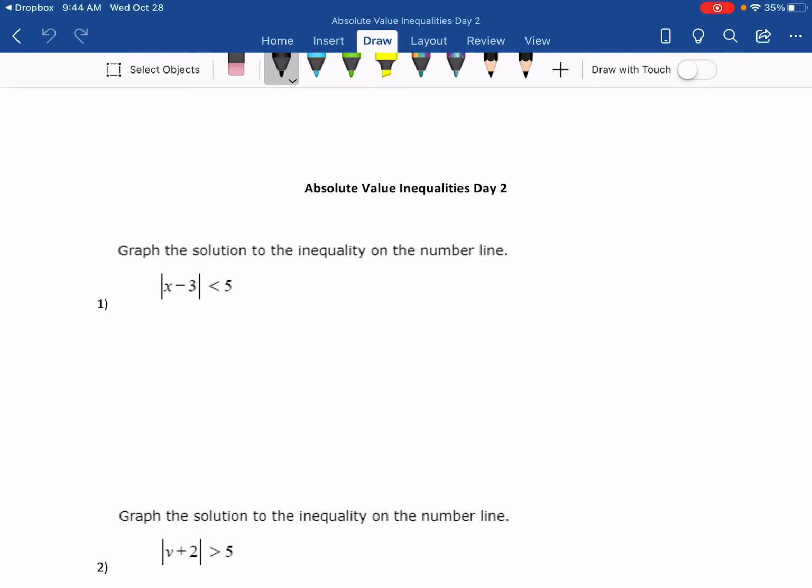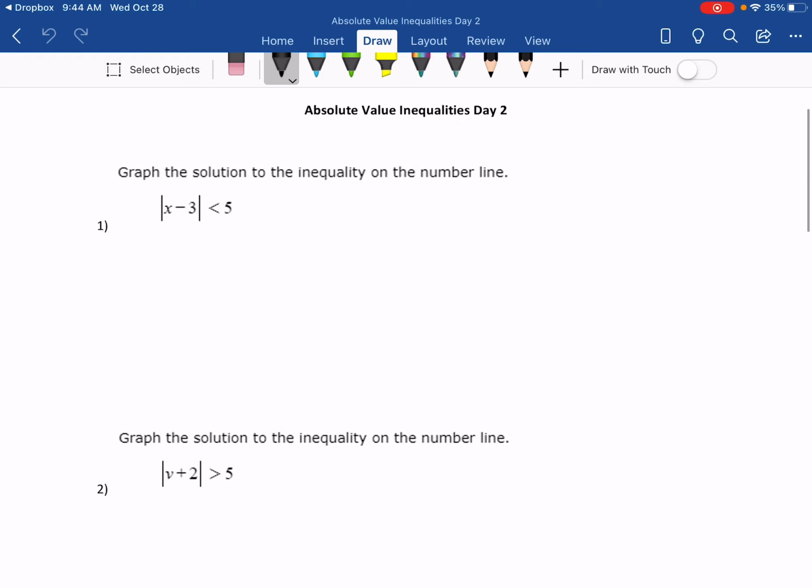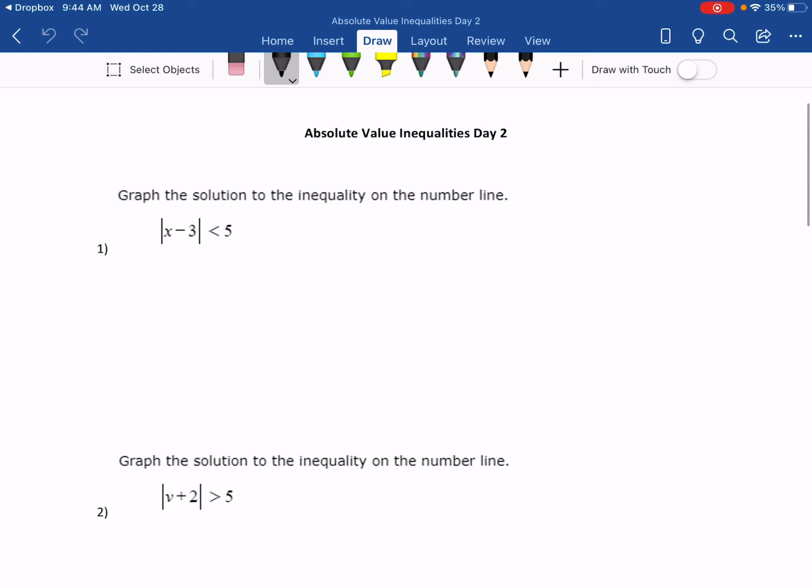So in this lesson, we are going to continue with what we started on absolute value inequalities. So number one, absolute value of x minus 3 less than 5. You always want to make sure that absolute value bars are isolated, okay?